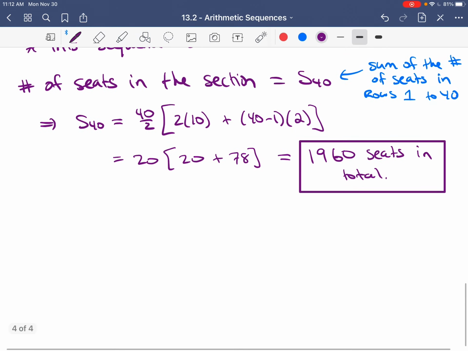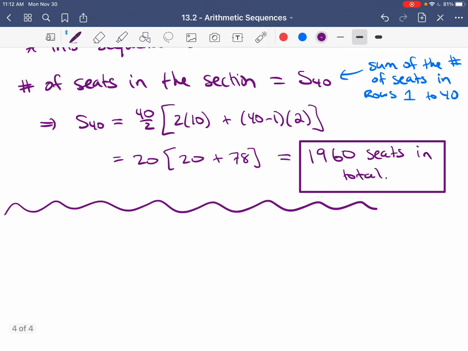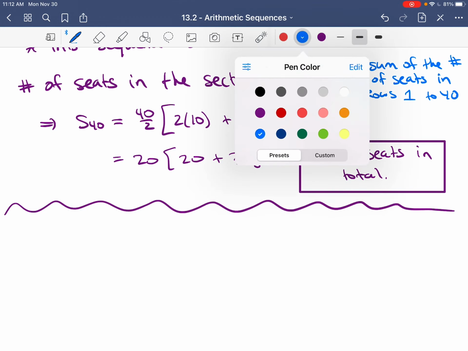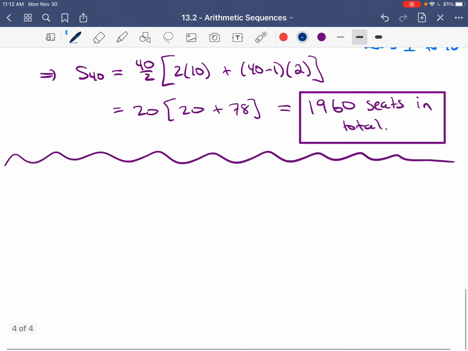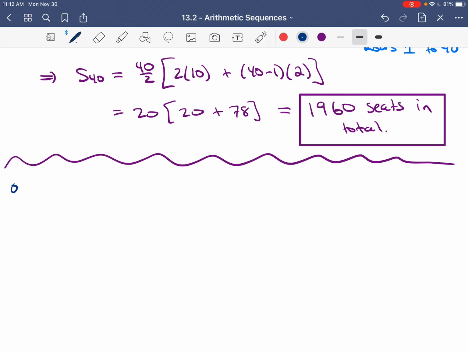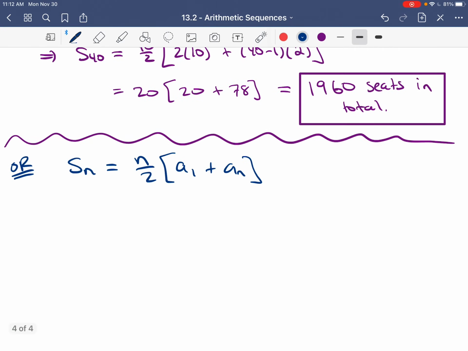Now I just want to show you that it's the same if you do it the other way. We could use that S_n is n over 2 times (a_1 plus a_n). So we'd want to find a_n, which is a_40 because I want S_40.